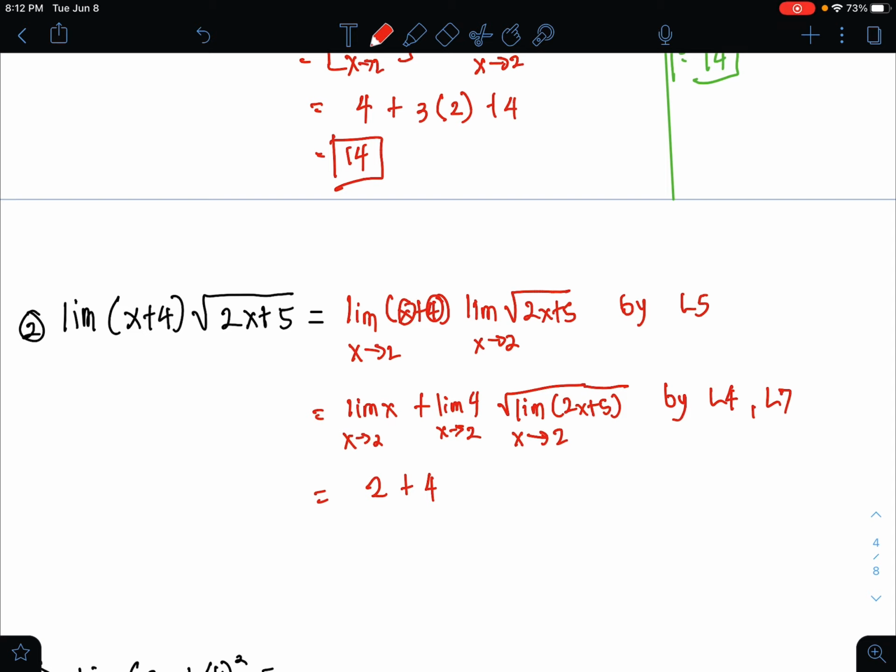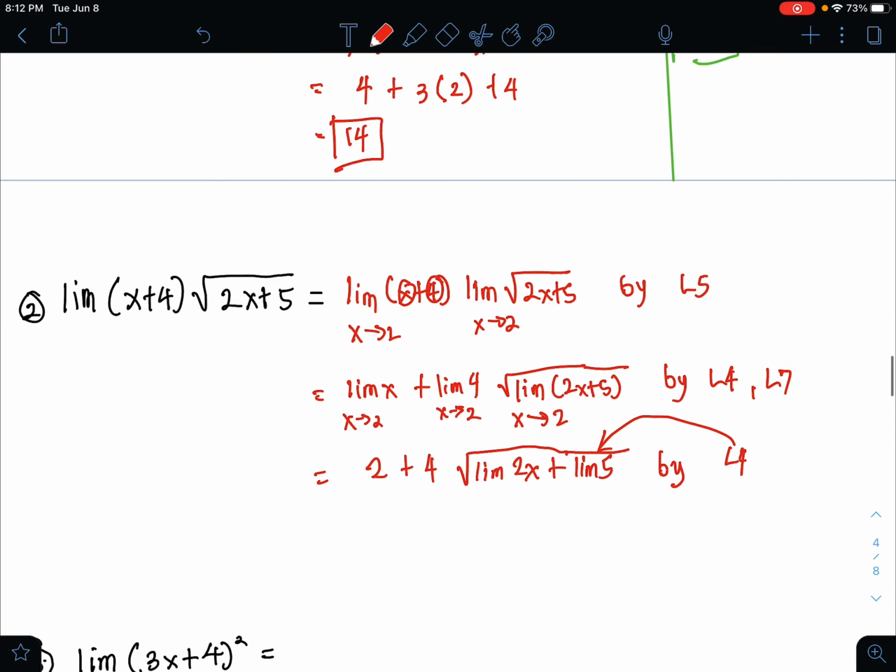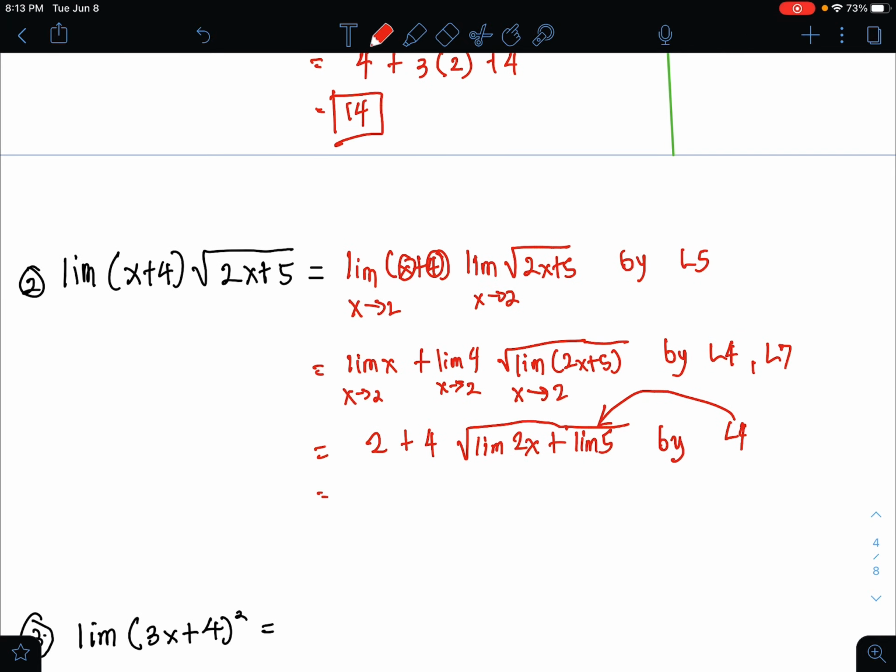Then, this one, separate this once again. Limit of 2x plus limit 5. This is by L4. Okay, and then this can be separated again. So, 6. 2. Right?